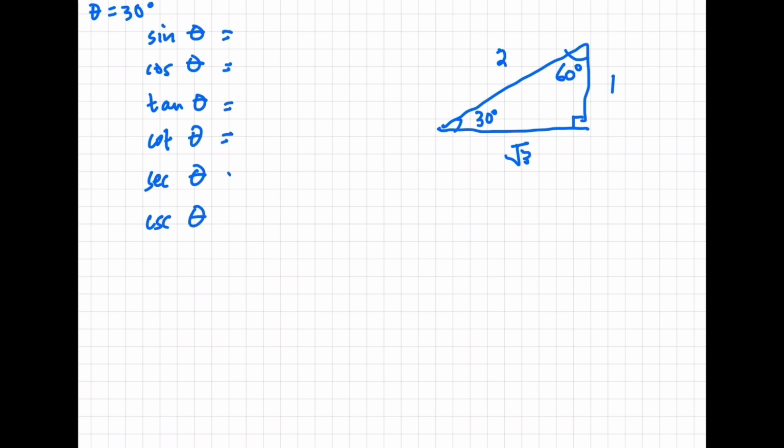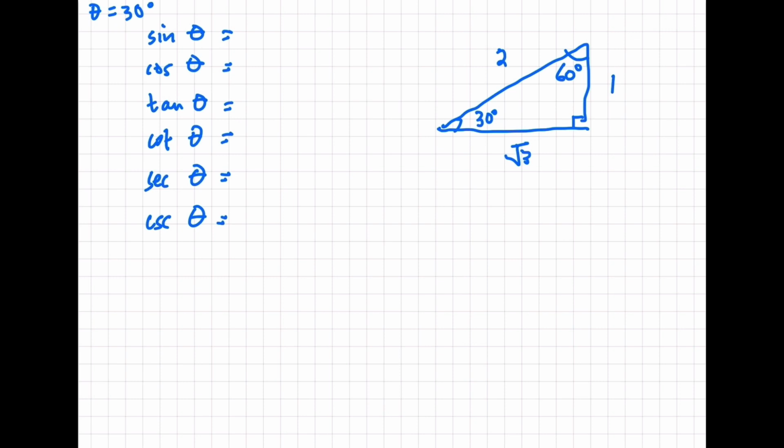So sine is only opposite over hypotenuse. So what is our opposite side? It's this one. The adjacent one is always the leg that touches the angle, one of the sides of the angle, and the hypotenuse is always the longest side.